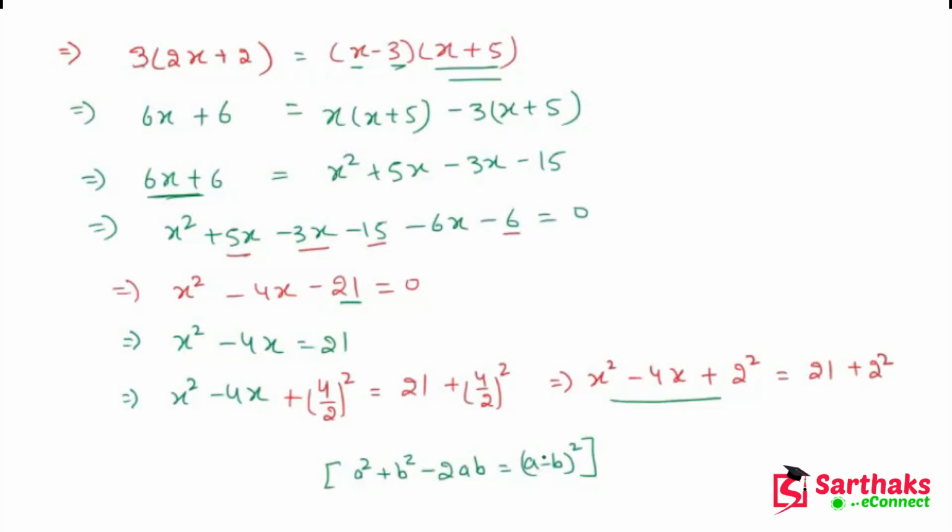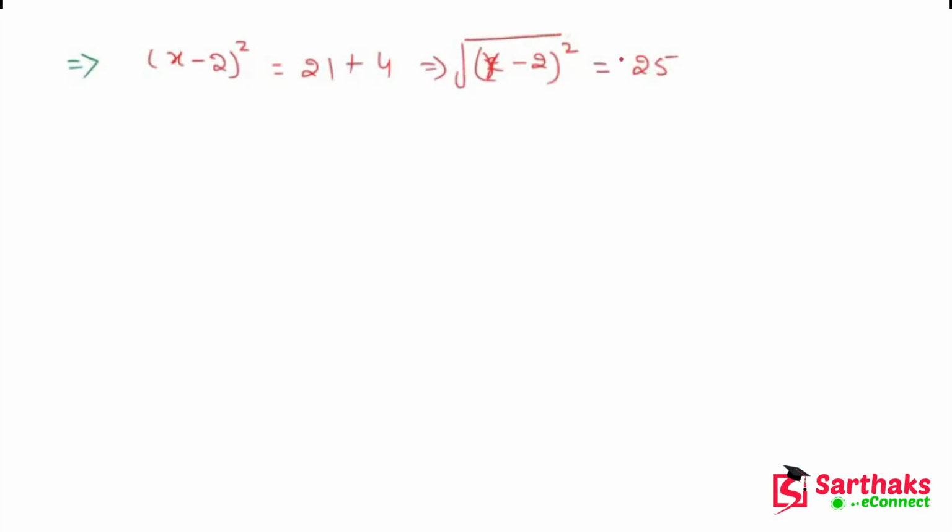In this case a is x and b is 2. So we can write it as x minus 2 whole square, equals 21 plus 2 square, which is 4. So x minus 2 whole square equals 25.